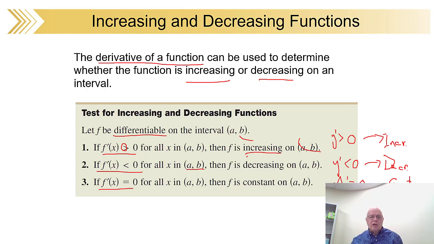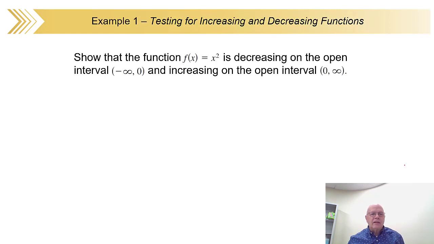There, that's closer. All right, next, let's take a look at a particular example. Our example for this one is f of x equals x squared, our familiar basic parabola.